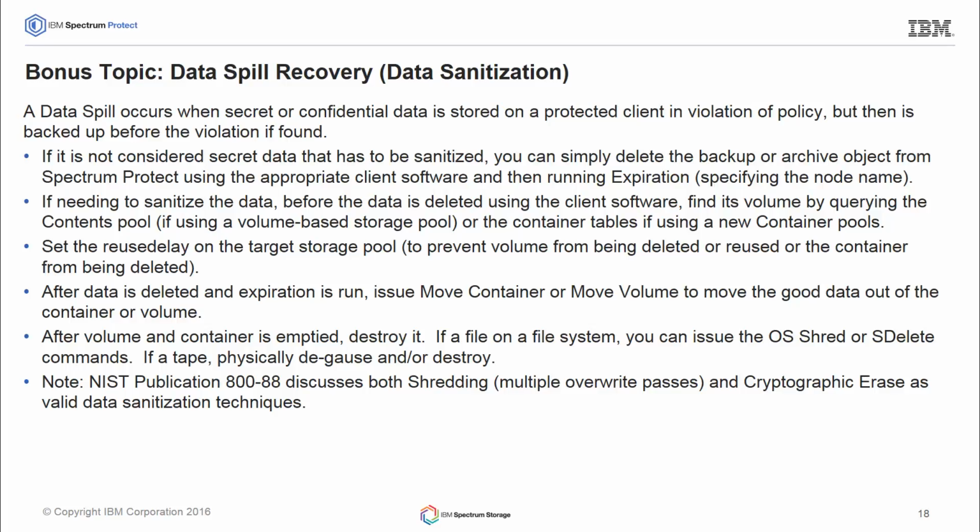Now go out and on those volumes or containers, issue a move container and move volume. This moves the good data elsewhere. So anything that is needed for other recoveries and is not part of the spill exclusively is moved. Once you've done that, you can destroy the container or volume.